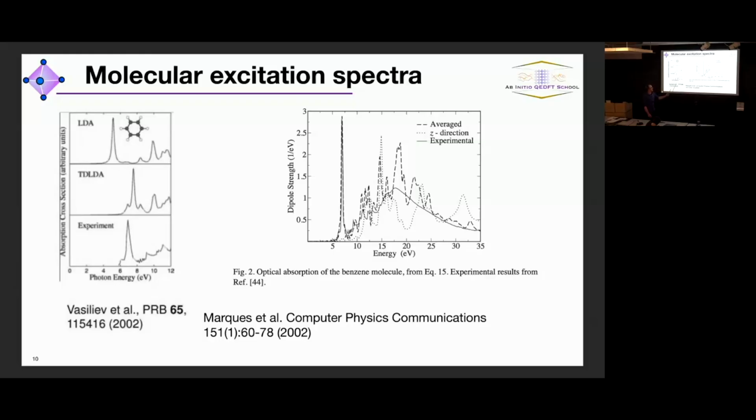I think the difference between these two calculations is just how many excited states you include. The more excited states and the finer the basis set or the grid you choose, the closer you can get, for this system at least, to the experimental resolution. Interestingly, not only the HOMO-LUMO excitation is very well described, but also all this tail here is rather well described by TDDFT in this case. So it does work for many cases.